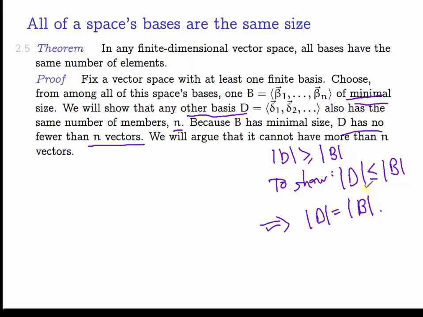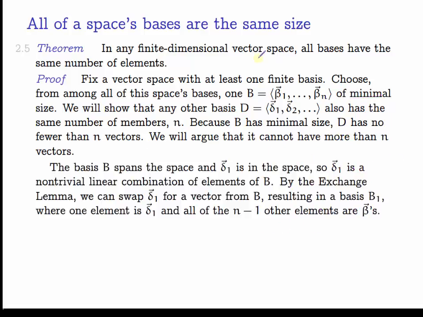So we want to show that D has no more vectors in it than B does. Now, the basis B spans the space, and delta 1 is in the space. So delta 1 is a combination of the elements of B, and it's a non-trivial combination.